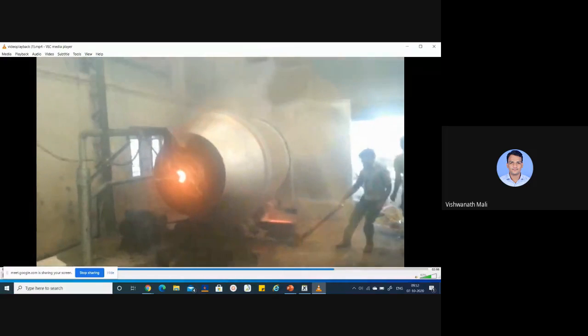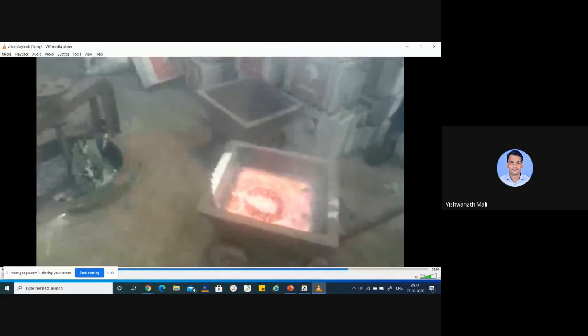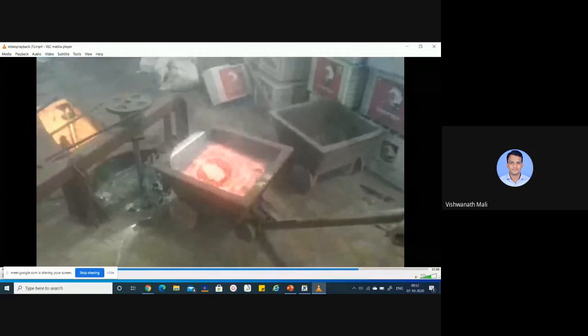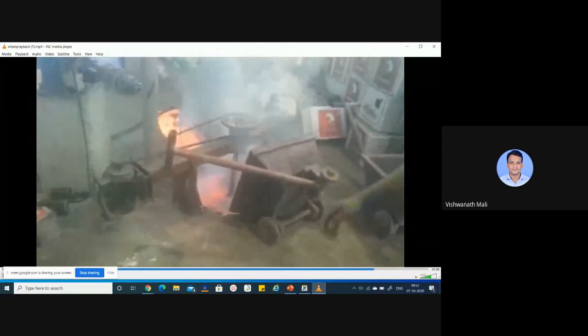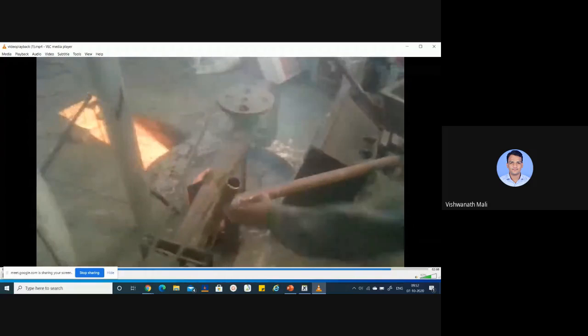Now once we get the molten metal, we start rotating. This is the molten metal. Then we pass it to where we require, and there we pour.